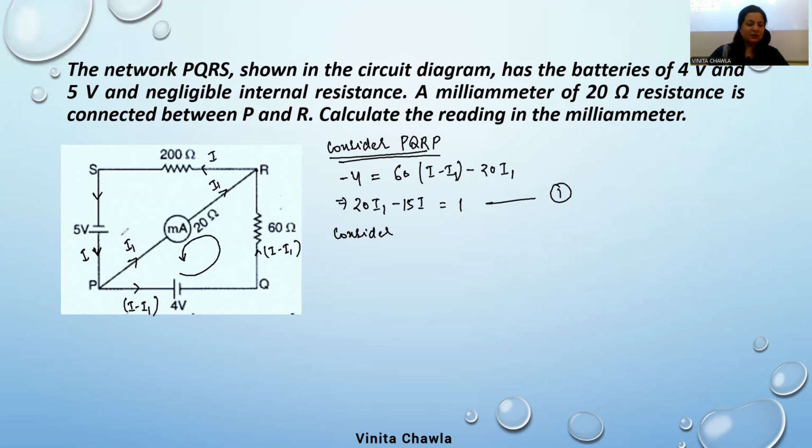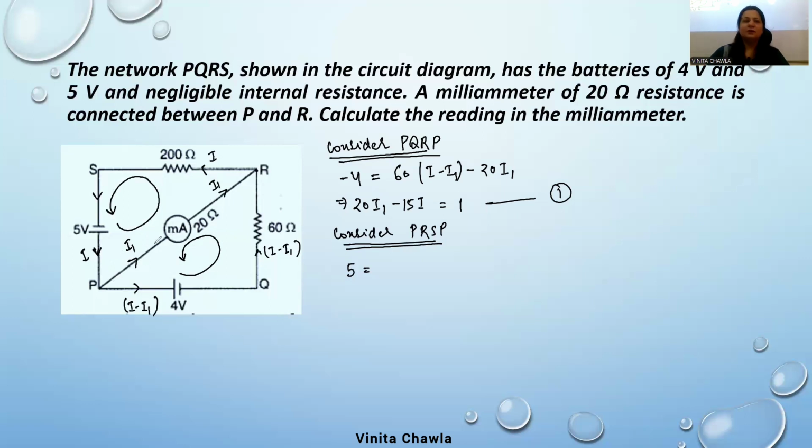Now consider another loop. Consider the loop P, R, S, P. Again, form an equation. It's 5 is equal to... Now we are going in this direction.